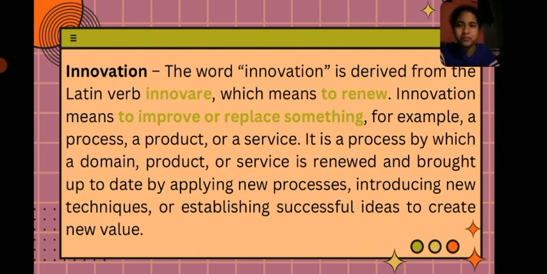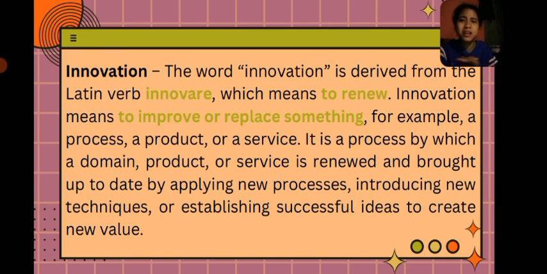So, innovation, to put it simply, innovation is a process by which the people are generating ideas para ang usa ka process, ang usa ka product, or ang service, or approaches ba na, or methods, strategies nga na ma-brought siya up to date.